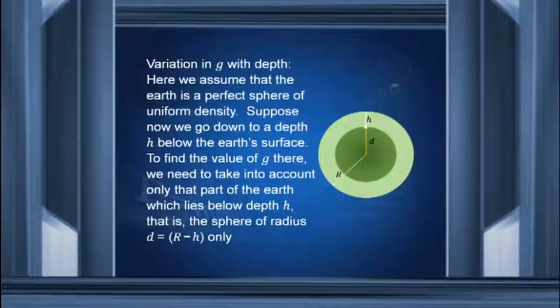Therefore, we need not consider the mass of this shell. To get the value of g at depth h, we need to consider only the mass of this sphere of radius d, which is equal to R minus h.